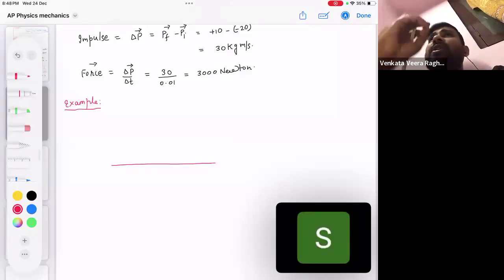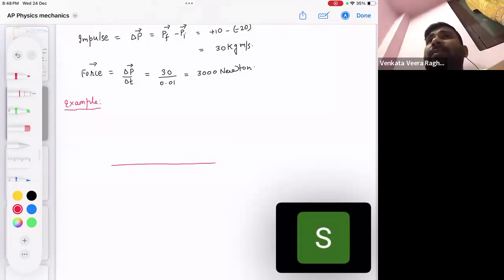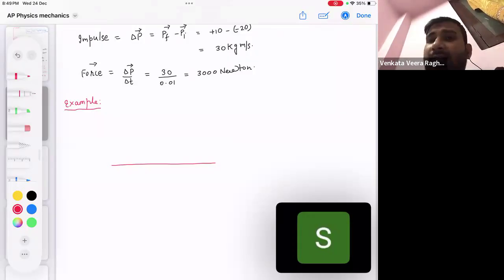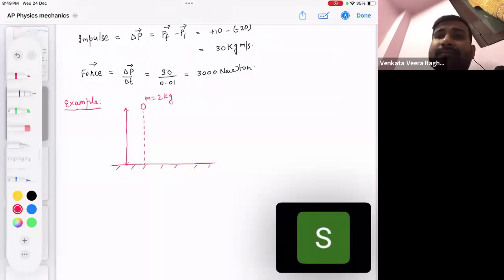Here you see in the question I gave before reaching the ground what is the velocity, and just after reaching the ground when it bounces back what is the velocity, right? Instead of giving you that directly, let me give you something like this. A ball of mass 2 kg is there and it is dropped from some height.